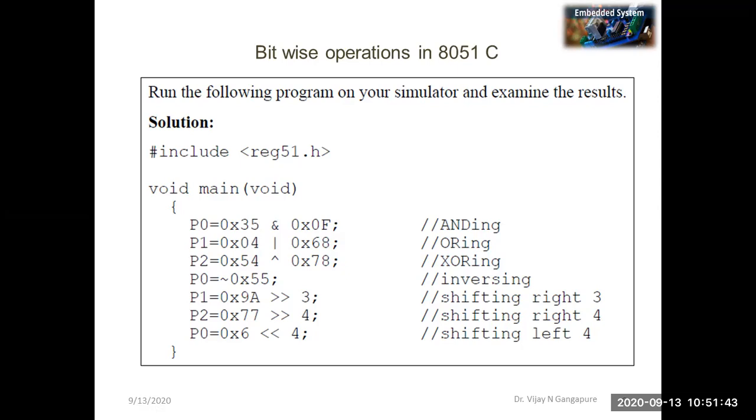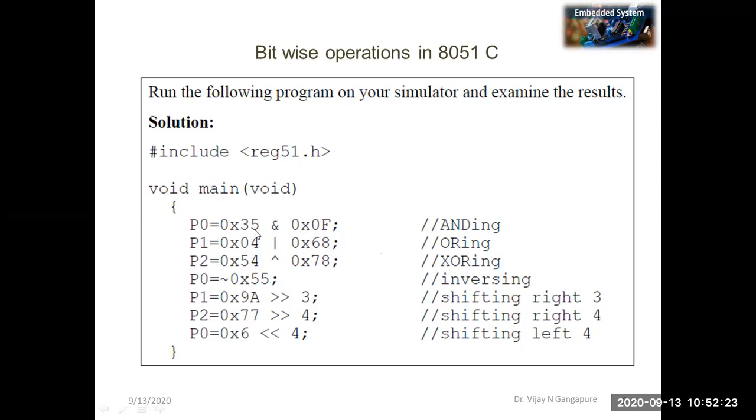Okay, so here #include <reg51.h>. We have included this reg51.h header file. Then void main is written. Now see here, P0. P0 means port 0, which is defined in reg51.h, so that we can use the symbols P0, P1, P2, etc. So P0 = 0x35 & 0x0f. A single ampersand means it is a bitwise AND operation.